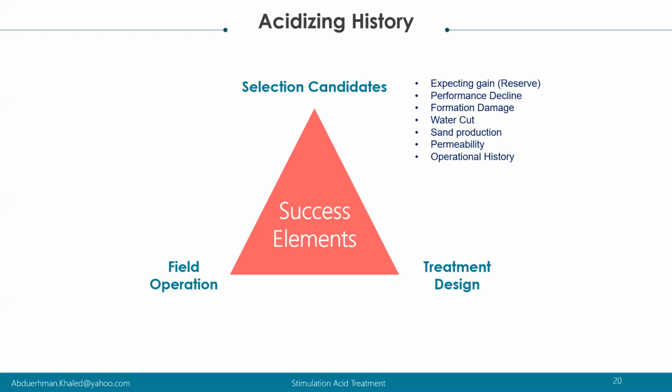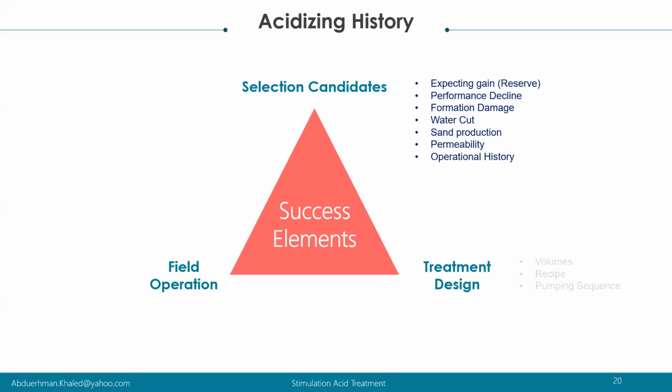For sand production, I guess the same. It always tends to be low priority, and you start thinking about other solutions instead of doing stimulation. Permeability is exactly the most important thing. If you have high original permeability, start the stimulation with this well.